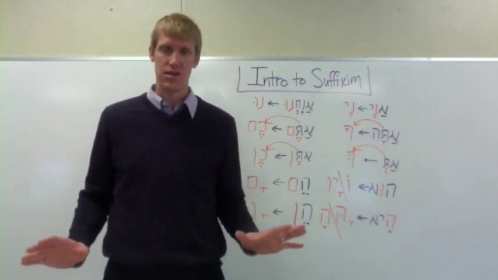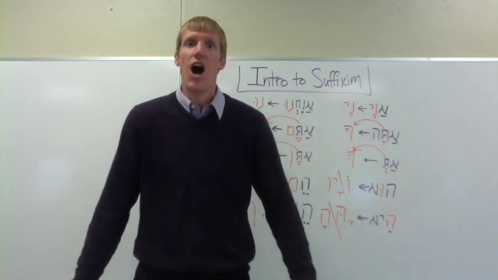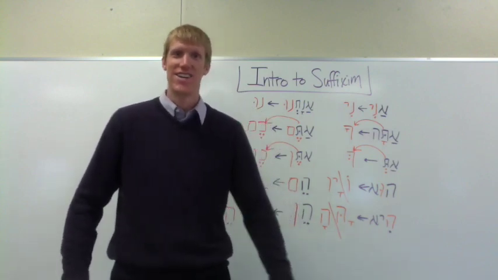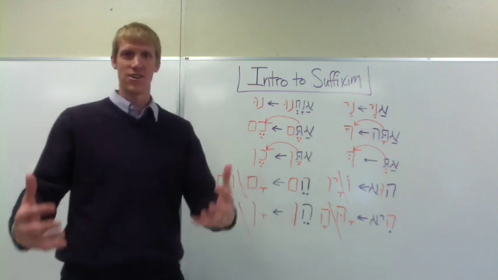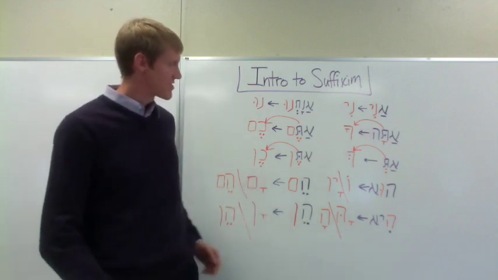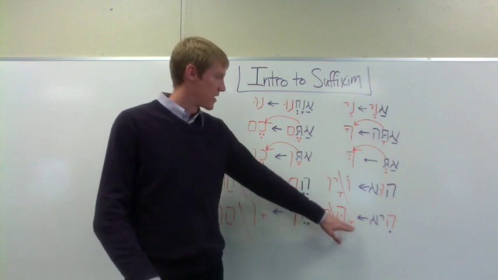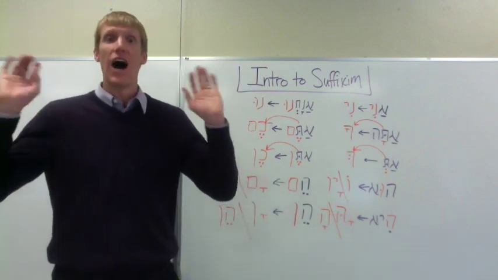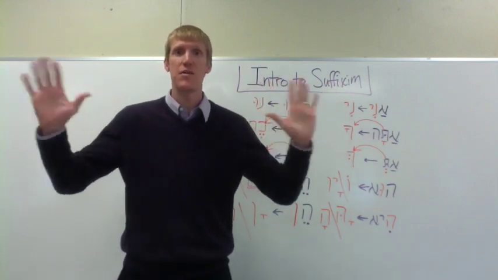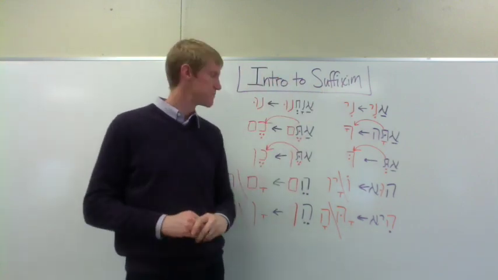They can't be doubled. Hebrew doesn't want to say that, too hard for normal people to pronounce. And so it's just a kamatz hey, but this mapik is signifying I'm a suffix. I'm a third feminine singular suffix. That's what it's telling you.